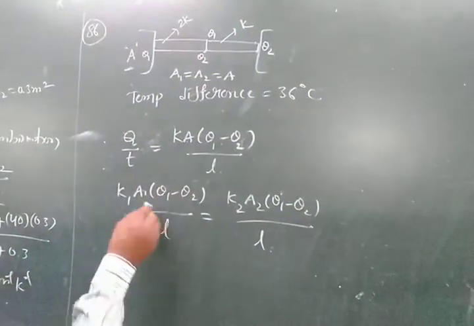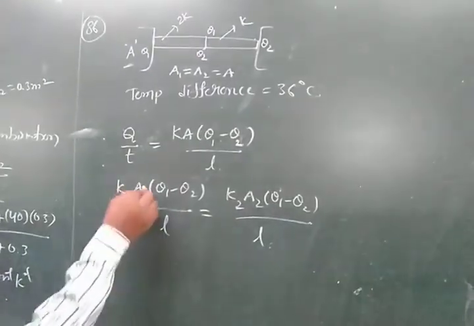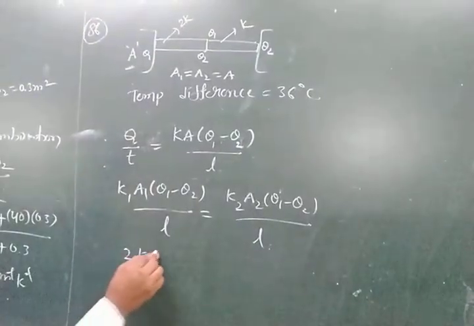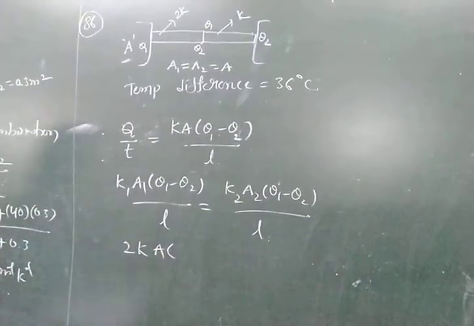In series combination, the area of cross section will be the same. K1 is given as 2K into A into (theta 1 minus theta 2).